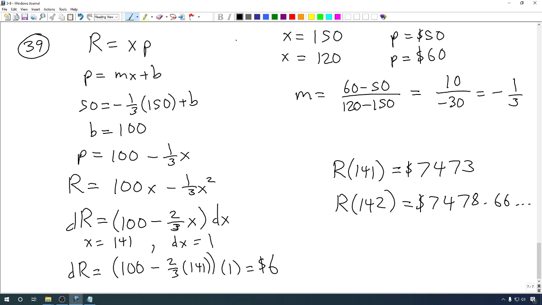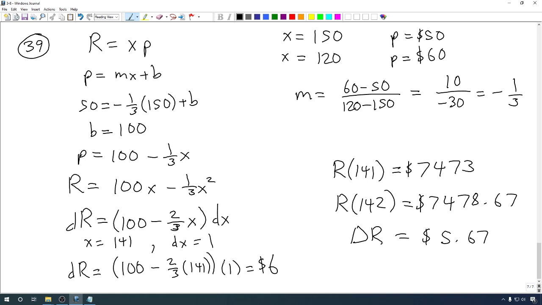Or I guess if we assume that we're only working in cents, we could just round it to 67. That means our actual delta R, not dr, is $5.67. So $6 isn't too far off from that.